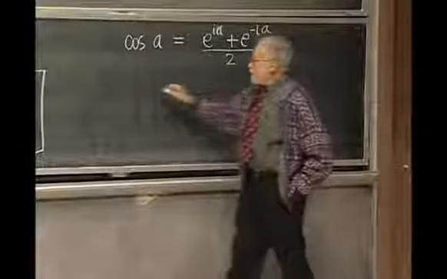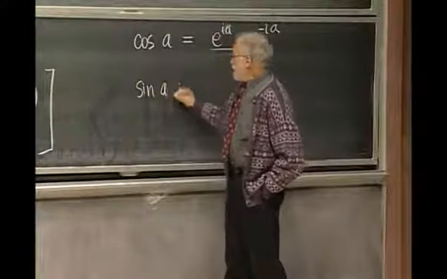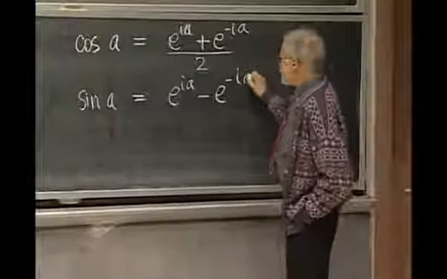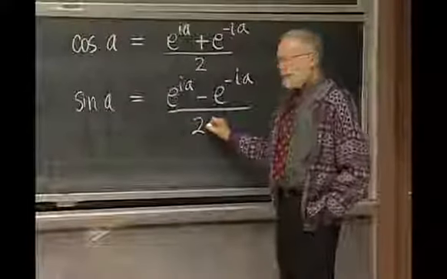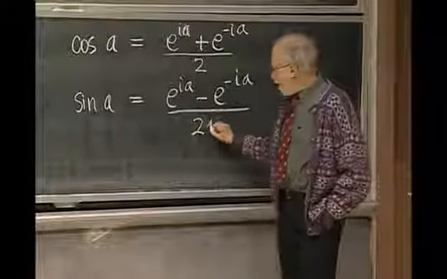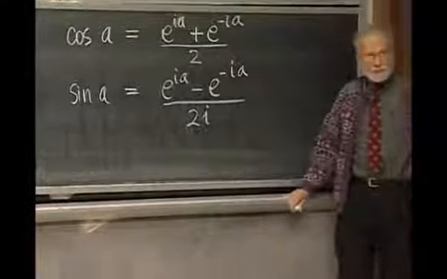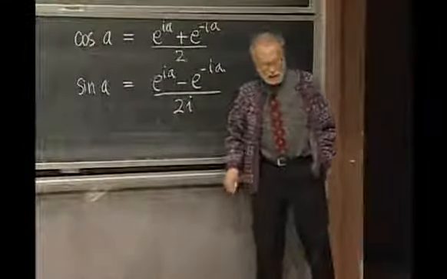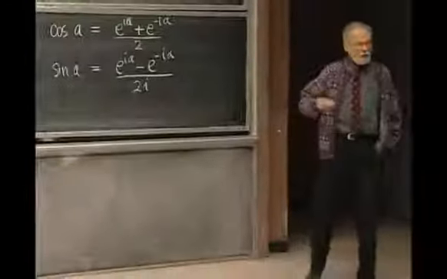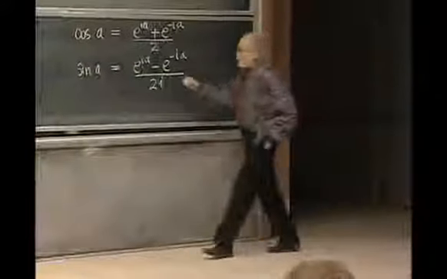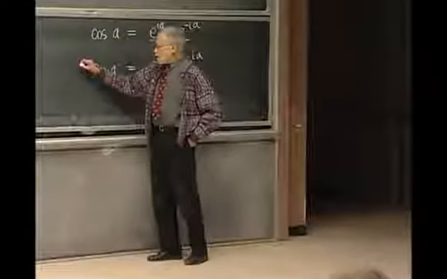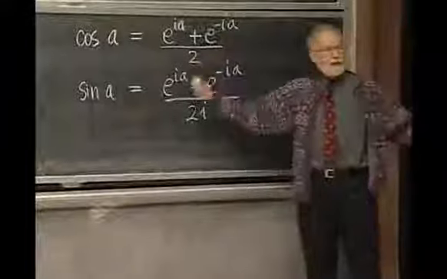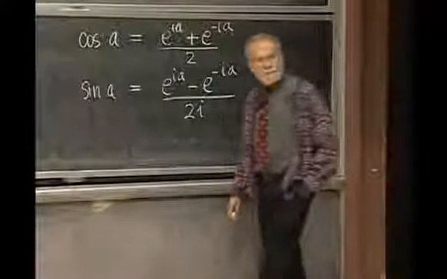And sine of A is almost the same thing except you use a minus sign, and what everybody forgets, you have to divide by i. So this is the backward version of Euler's formula. The two of them taken together are equivalent to Euler's formula. If I took cosine A, multiplied this through by i, and added them up, on the right-hand side I'd get exactly e to the iA. I'd get Euler's formula, in other words.